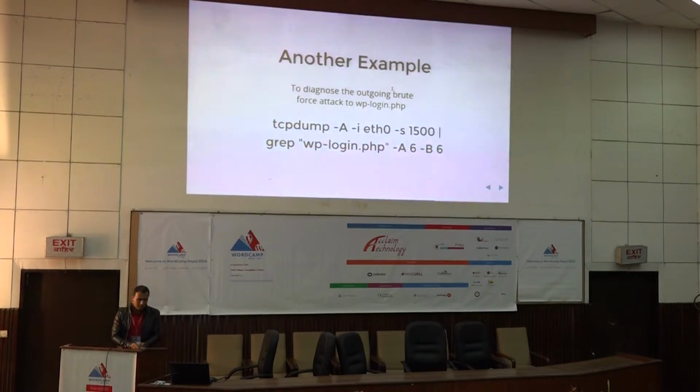Okay, there is another example which I used to know. There is an attack on wp-login.php. Most of the time, what this spammer script does is attack wp-login.php with the admin username. I think everybody knows that.